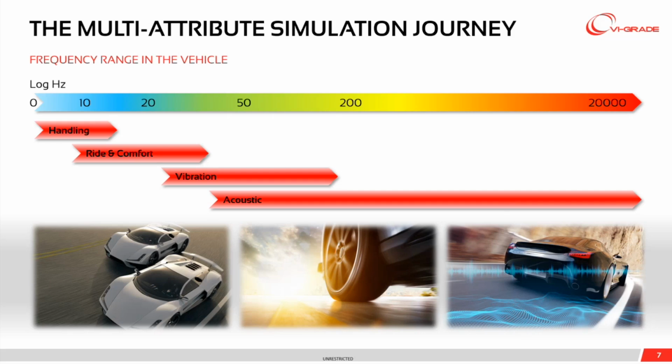Of course, there is an overlap between each range, but we can say that the lower part, between 0 and 10, 15 Hertz, is handling, which shares some of this range with ride and comfort, which goes from 10 to 40 Hertz. On top of that, we have the vibration range of frequency, which goes up to 200 Hertz. And then from that point on, still with a little bit of overlap, we have the acoustic region, which goes up to 20 kilohertz.